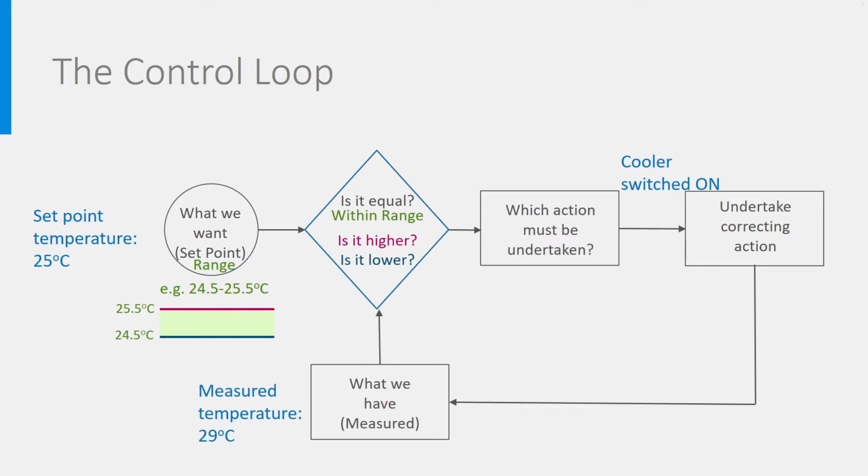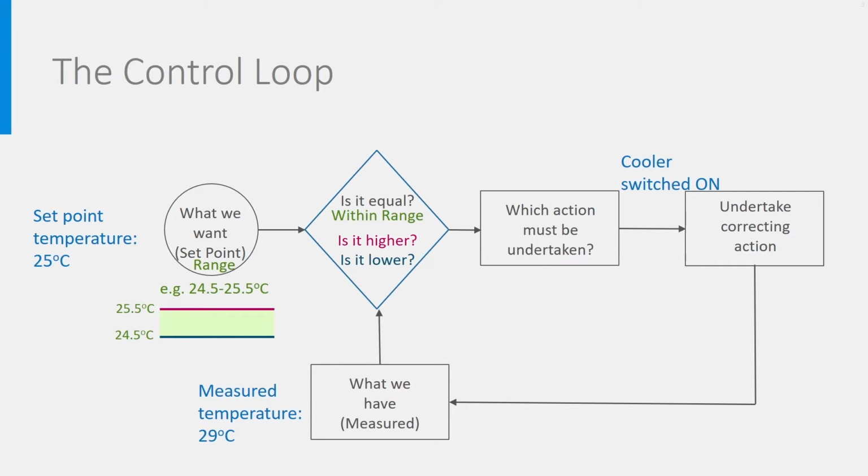You see here immediately a small problem arising, and that is the problem of oscillations. If the temperature is just above 25, the cooler will be switched on, and if it is just below, it will be switched off.